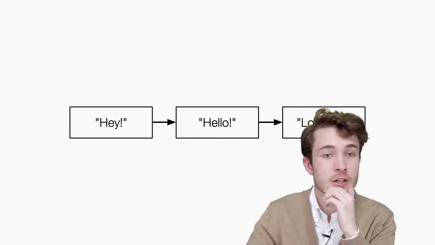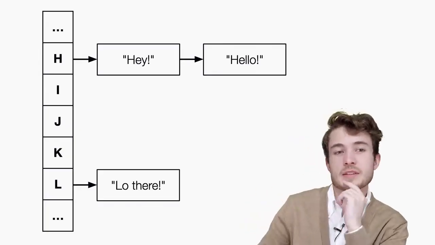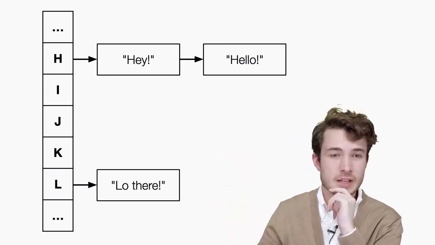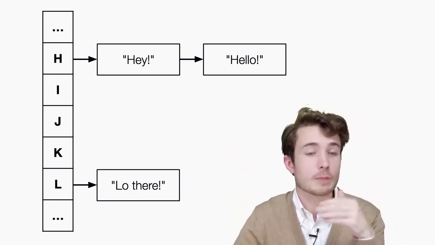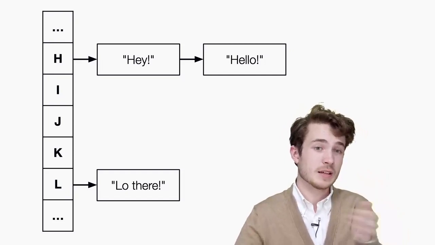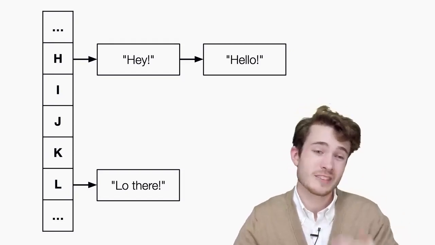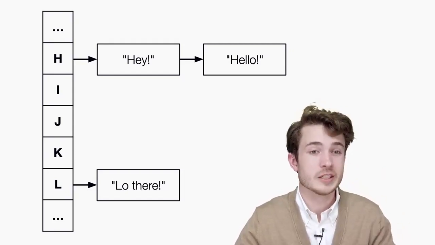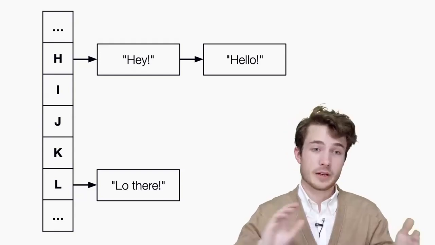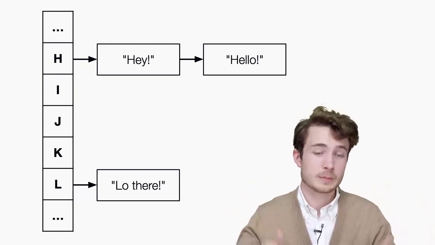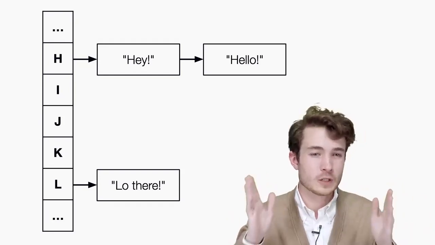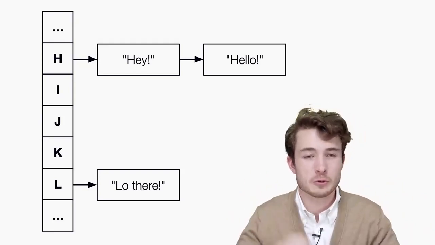So recall from earlier that a hash table looks a bit like this, where we have some array on the left-hand side, and we have different what we call buckets in here, where a bucket might, in this case, be a letter of the alphabet. And that letter of the alphabet is maybe the first character in a word. You could have other buckets, other ways of assigning these phrases to buckets. But for now, let's focus on this alphabetical hash table.